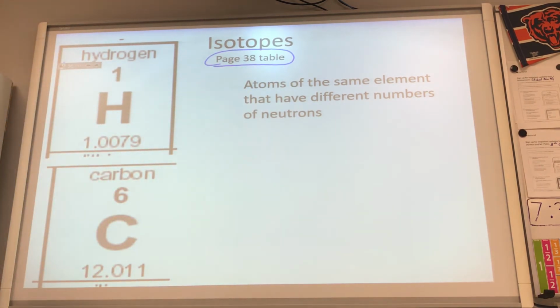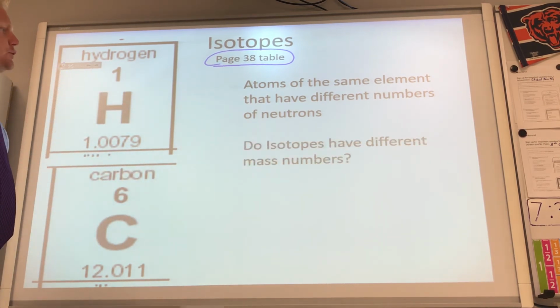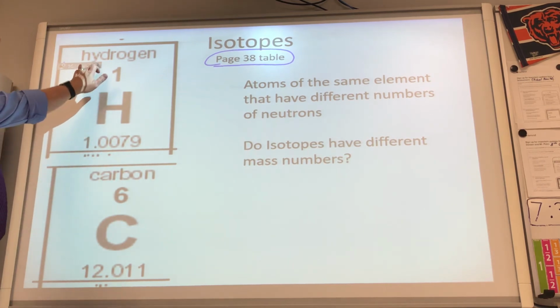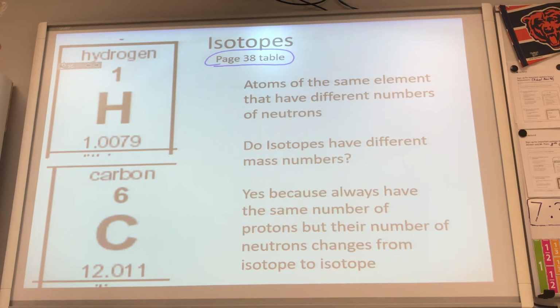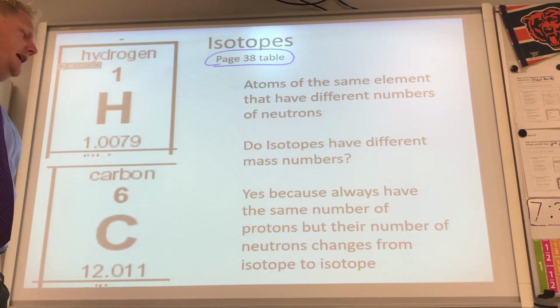If you can try to figure it out on your own, amazing. If you can't, that's fine. But, here's where we go. Do isotopes have different mass numbers? Yes, because they always have the same number of protons, but their number of neutrons changes from isotope to isotope.